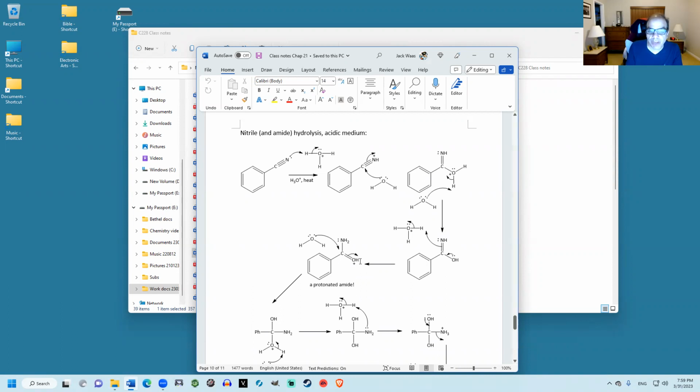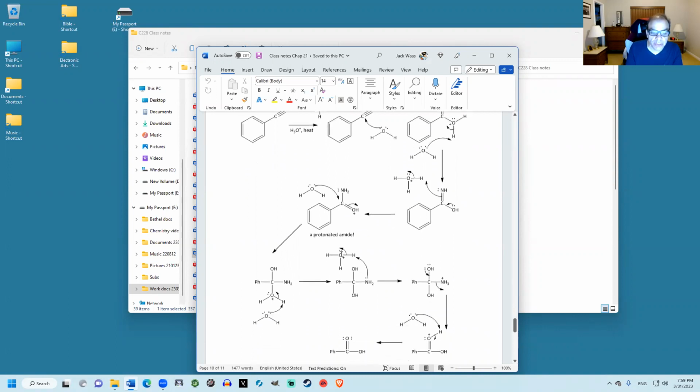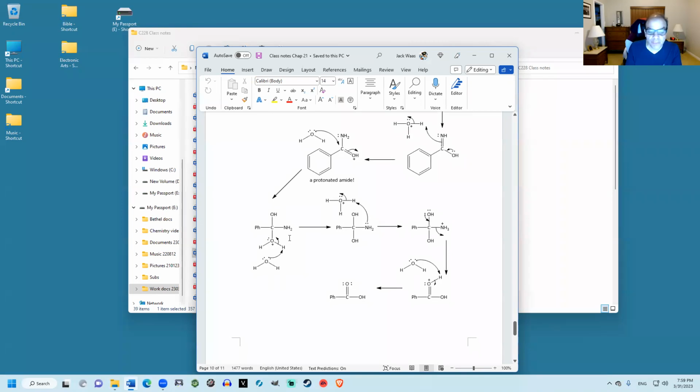So since now our oxygen is already protonated, we now have attack by a second molecule of water to give us this intermediate. Next, proton transfers. We first pull the proton off of the oxygen because we don't want the oxygens protonated. Rather, we need the nitrogen protonated. So we use an H3O+ ion to put a proton onto the nitrogen. That gives us this intermediate.